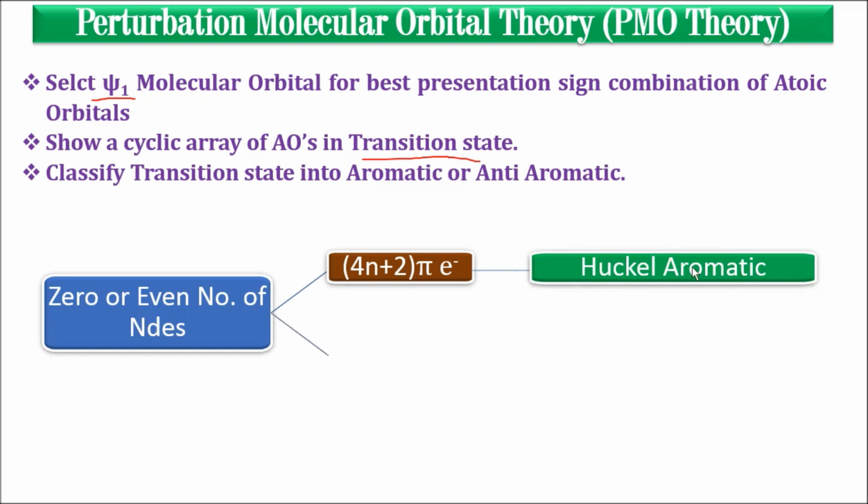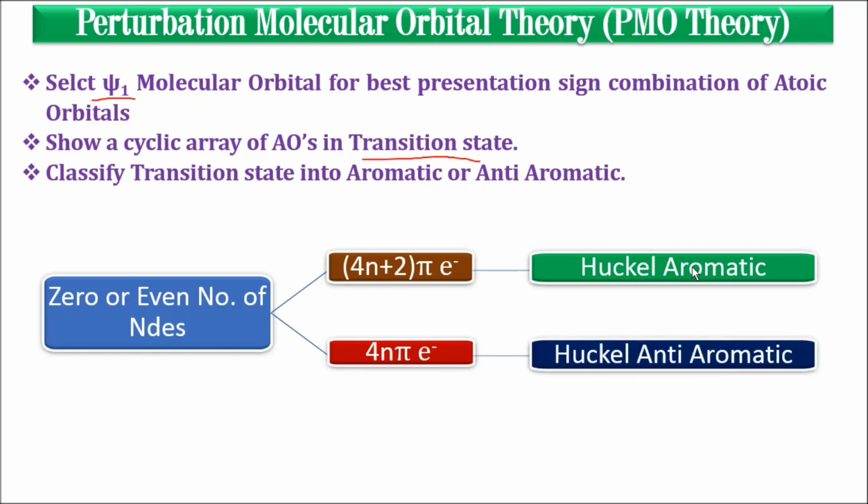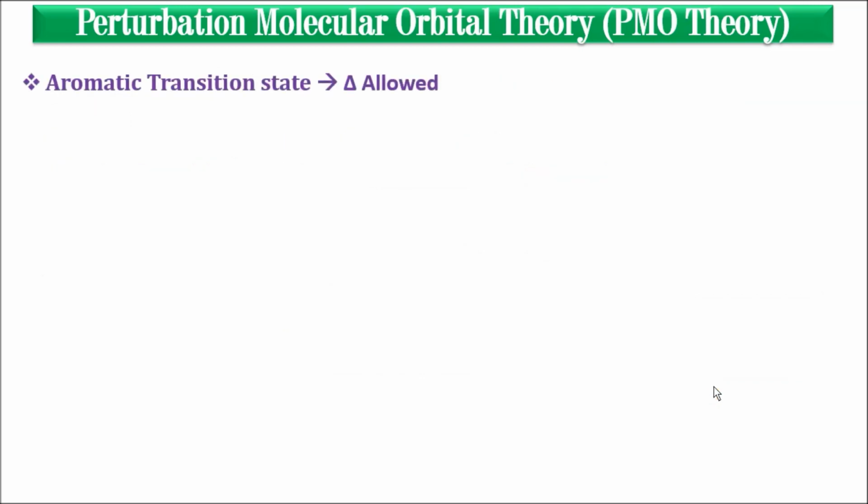When it belongs to a 4n pi electron system, that is Huckel anti-aromatic. An aromatic transition state is always thermally allowed, and anti-aromatic is always photochemically allowed.